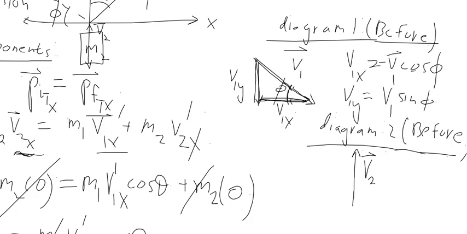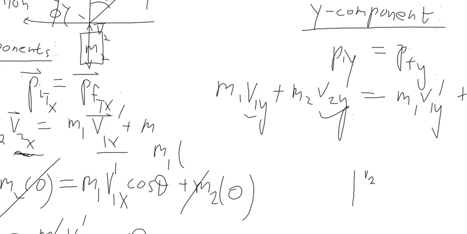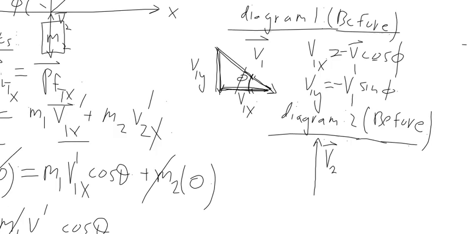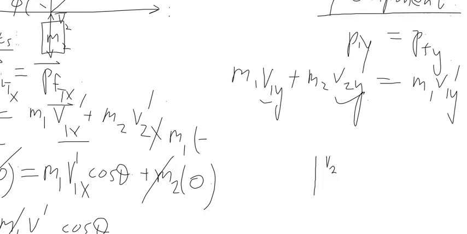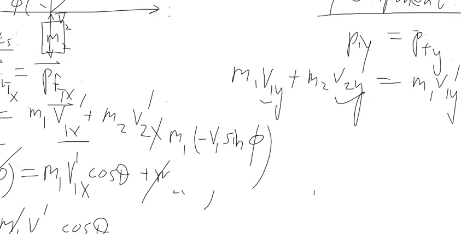So now it's m1 times, and here you need to be careful with your signs. Always keep track. This would be a negative v1 sine phi because the y component of the velocity is going downwards. It needs to correspond to the xy diagram. So this is m1 times minus v1 sine phi.